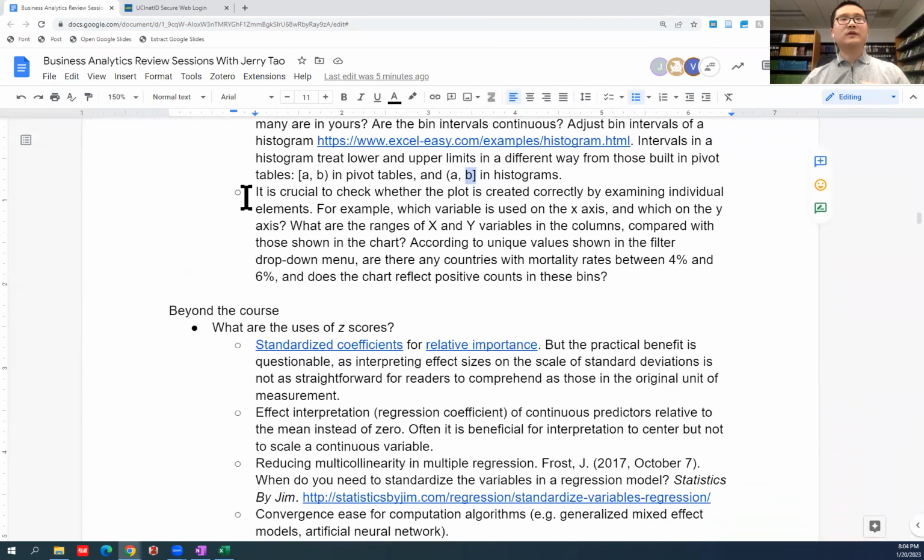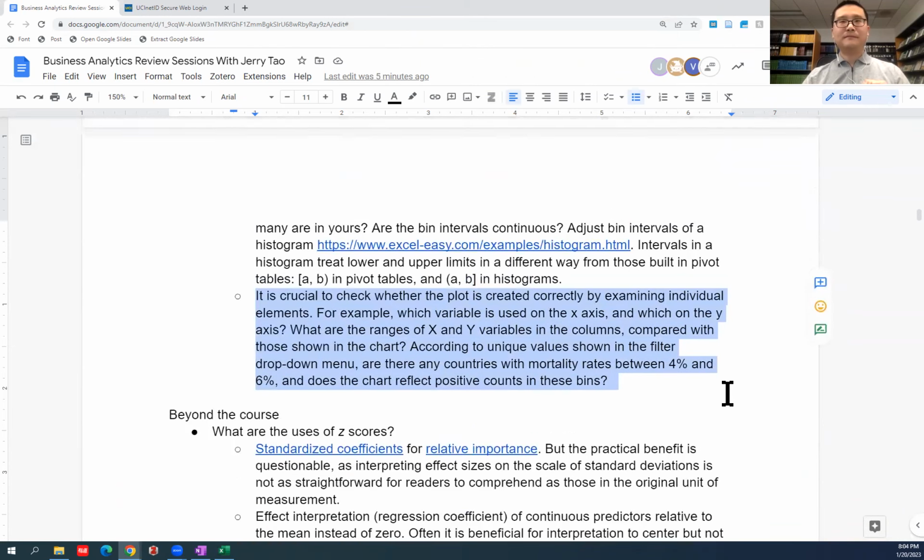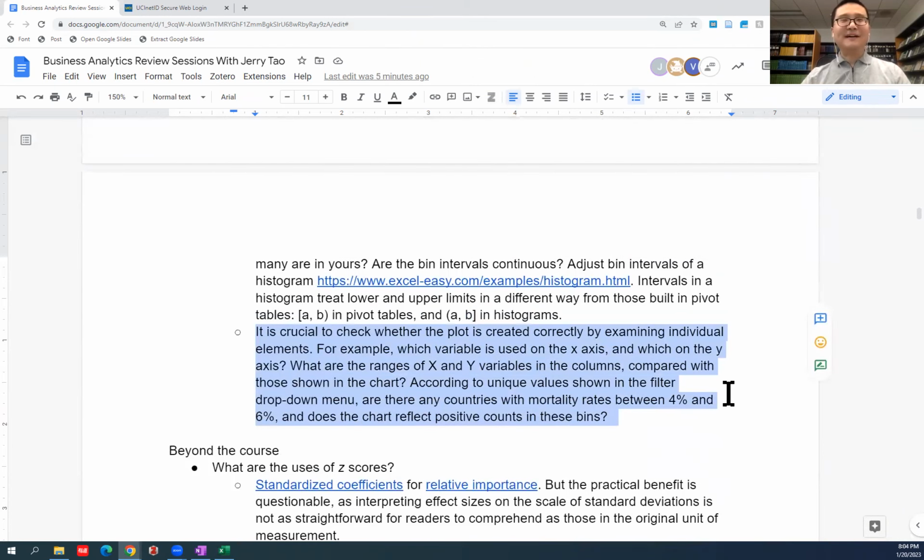Then it comes to our last item we need to check. These are some help file related items that I find to be useful when checking whether a plot created is correct. One thing really important is that we need to make sure that we use the correct variables.